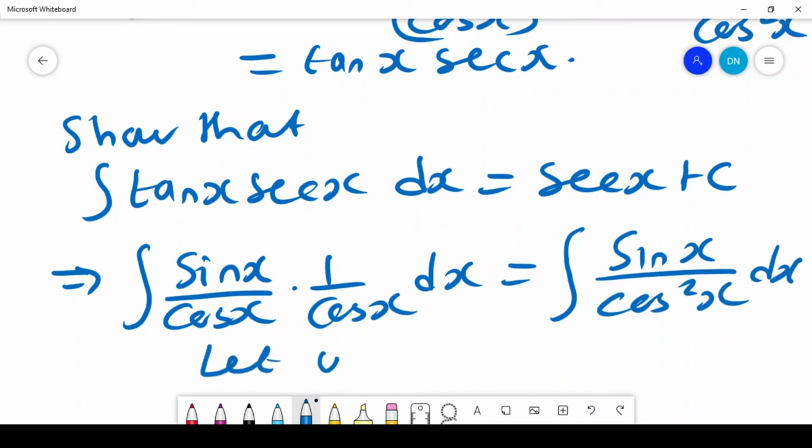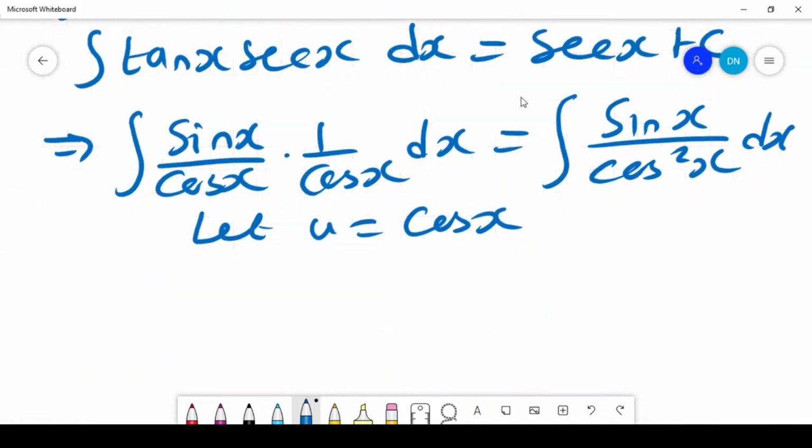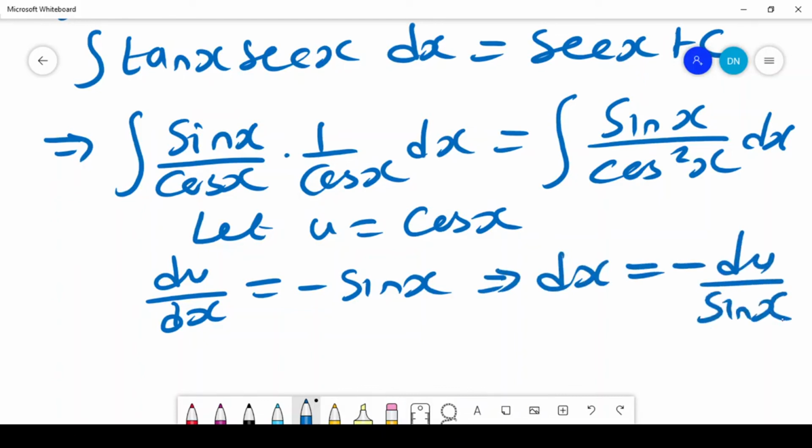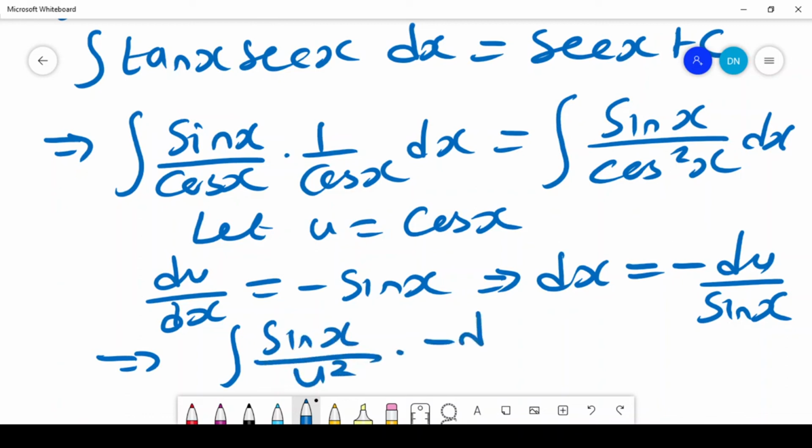So I let u equal cos x, and I want to use the substitution method. Then du/dx is equal to negative sine x. And that means that my dx is equal to minus du all over sine x. And so I can write the integral as sine x over u squared times negative du all over sine x.